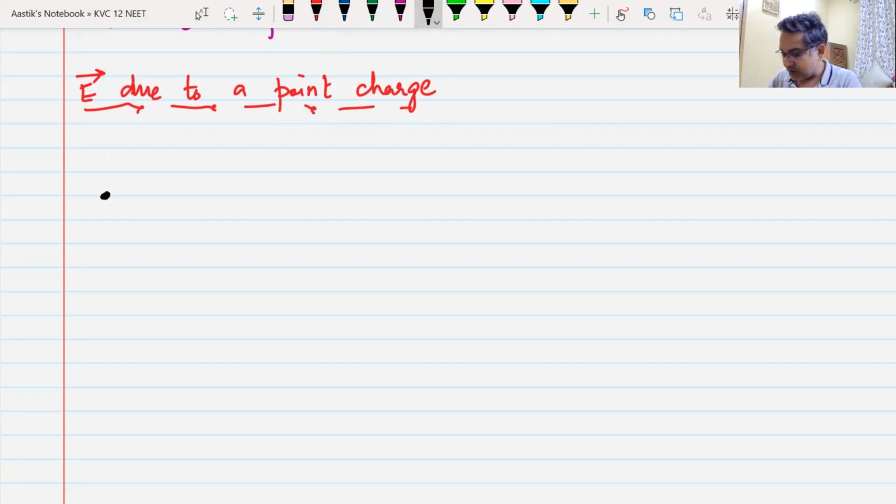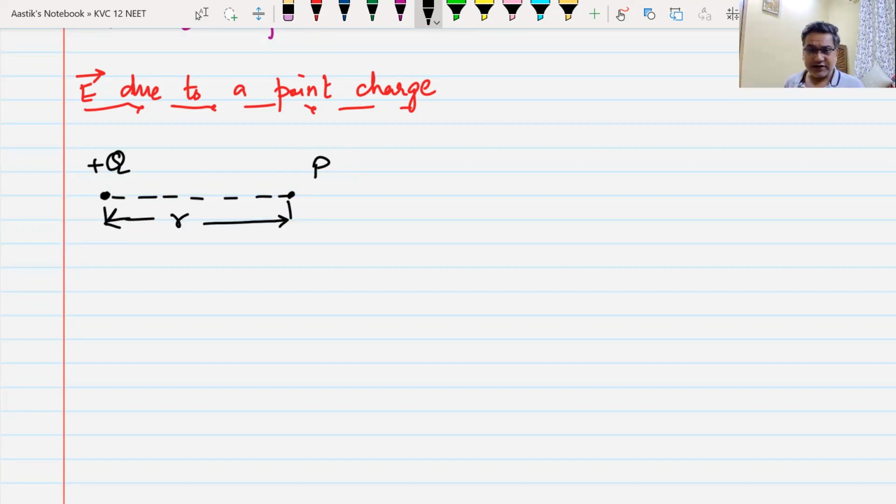If this is a point charge, let me say it is plus Q, and this is a point P, which is at a distance R. Can you tell me what will be the electric field at this point P created by this point charge? Every charge also creates its own electric field. So wherever there is an electric field, it must be created by some charge. Do we understand this? What is the formula of electric field due to this charge? Anyone knows it?